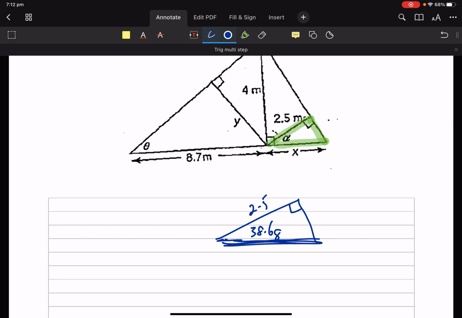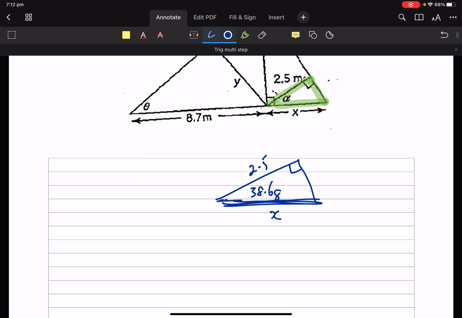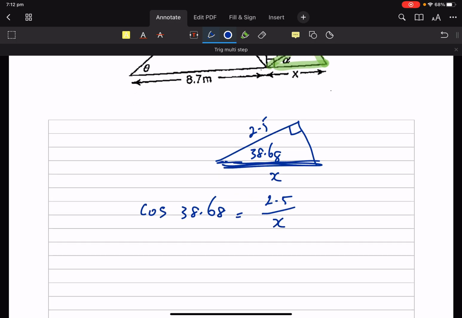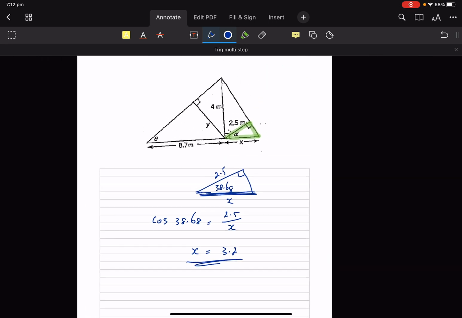That's a right angle. And this is my unknown, which is my hypotenuse. So I'm thinking that would be cos. Cos equals A on H. And from there, X becomes 3.2.